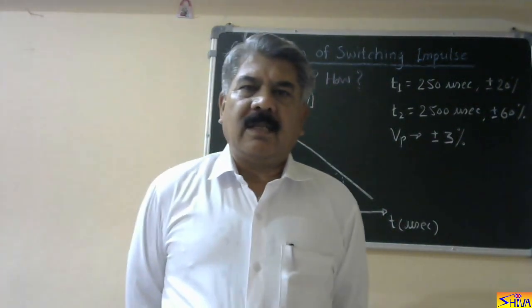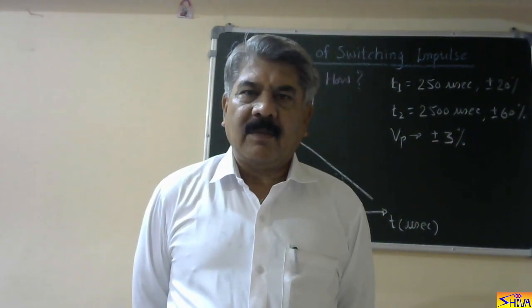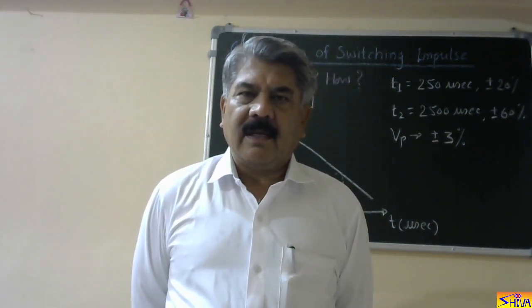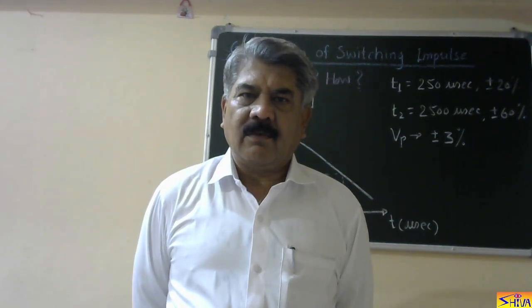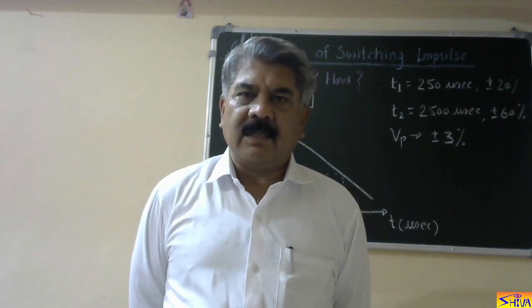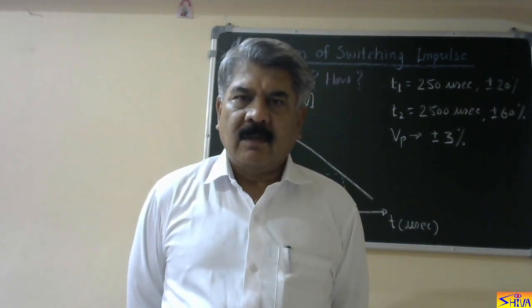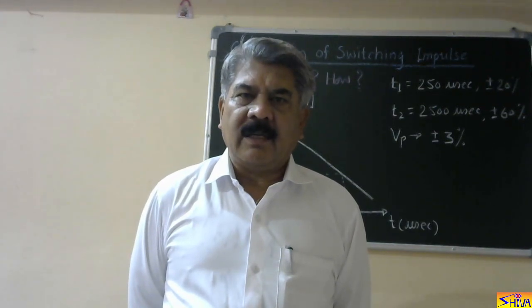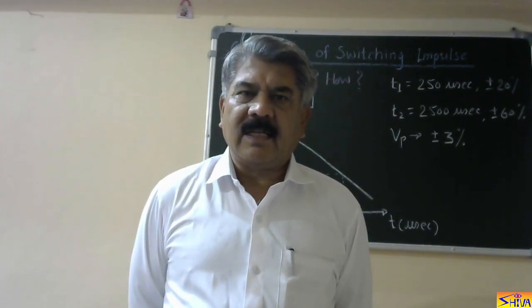In the second unit, that is over voltages in power system, I had explained that there are two types of over voltages. One is internal and second is external. External means lightning over voltages and internal means switching over voltages. Now when it comes to the lightning over voltage, the waveform or nature is fixed.